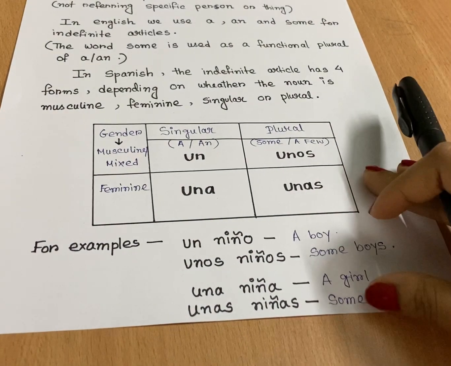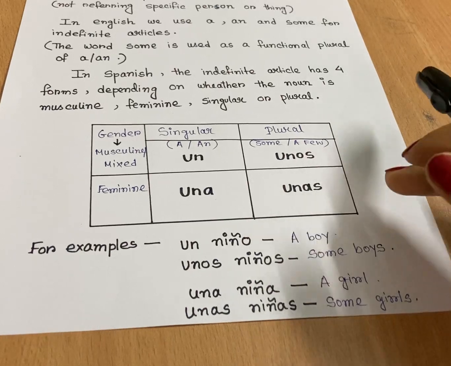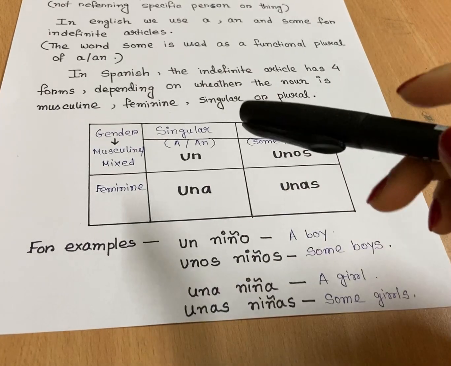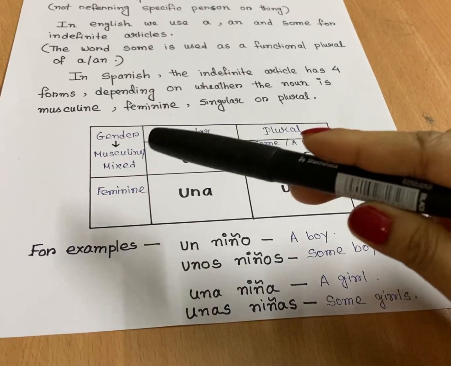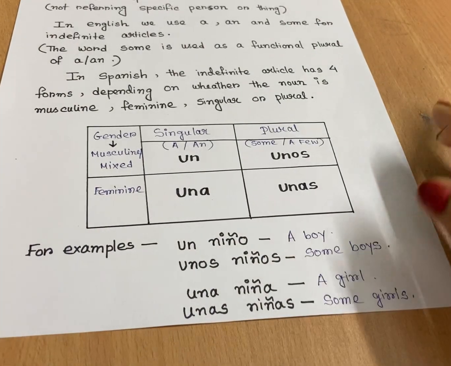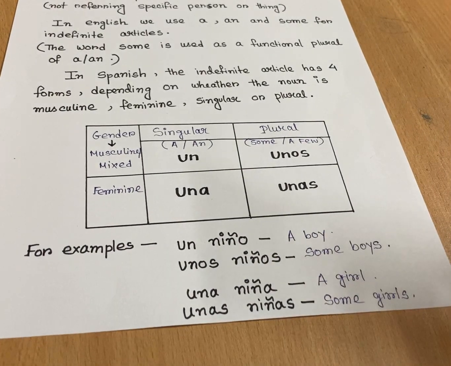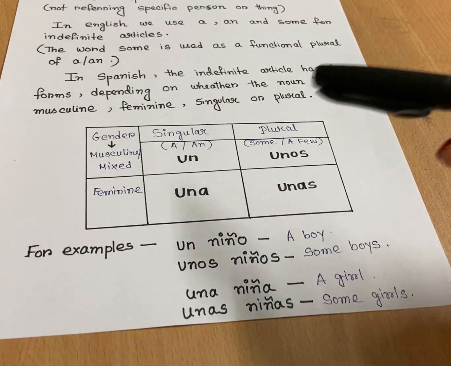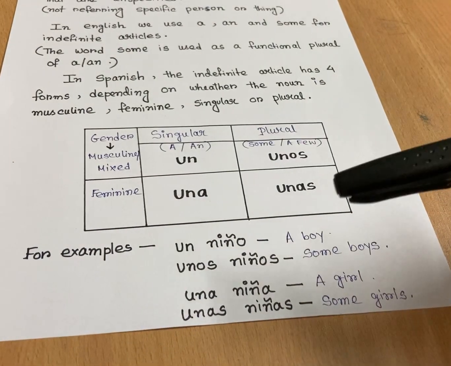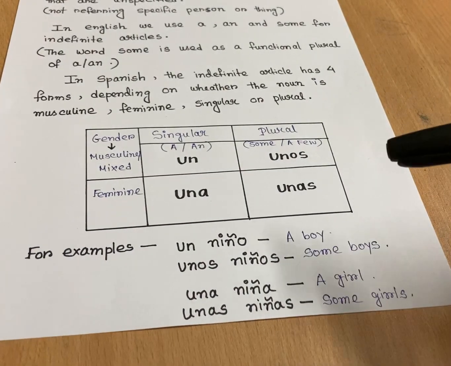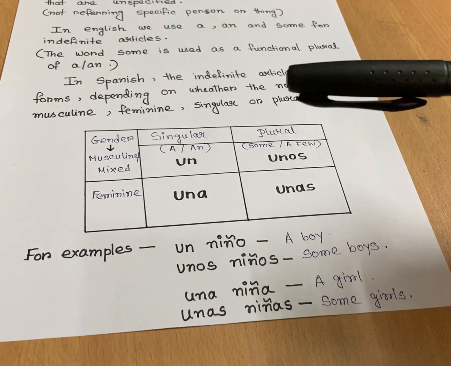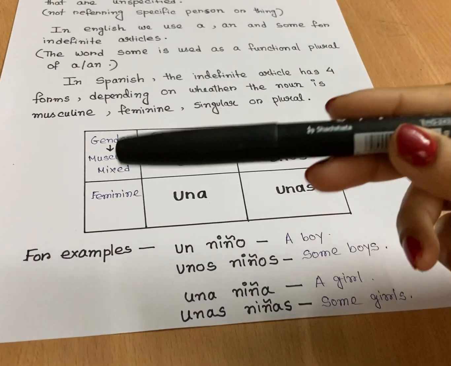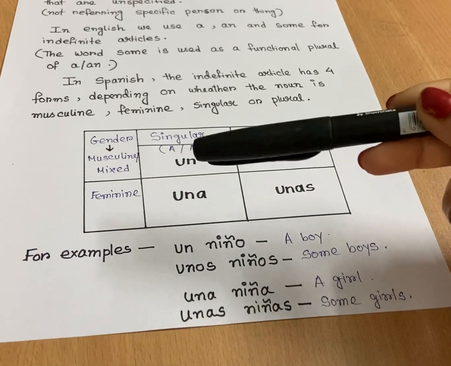So for example, if we want to say a boy, then we'll be using un niño. That means masculine singular form. And if we want to say some boys, then we'll be taking the masculine plural form. That means unos niños. Now the same way, when we are talking about a girl, that means feminine singular, we'll be using una.